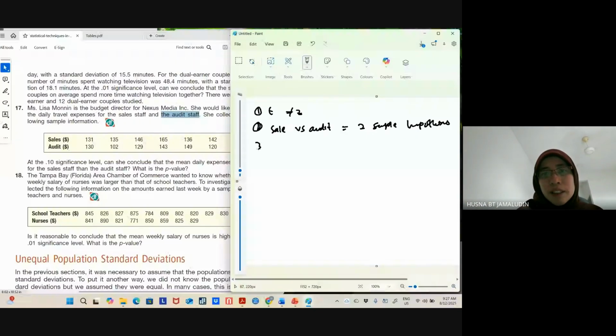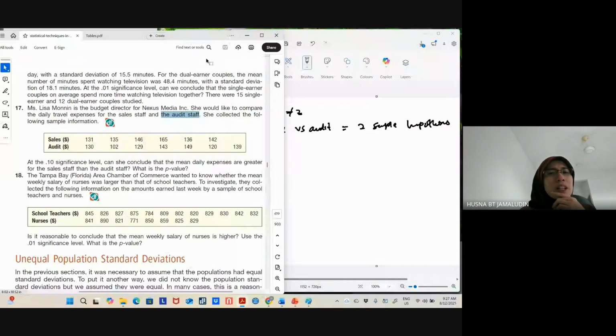Next, step number 3. Not really steps. Number 3, we want to find the key words, right? The point. She collected the following sample information. At the 10% significance level, can she conclude that the mean daily expenses are greater?